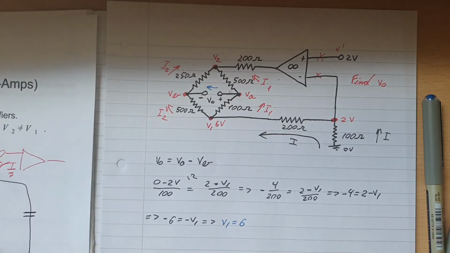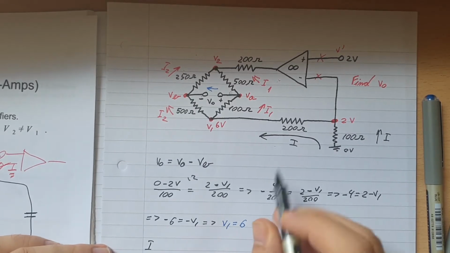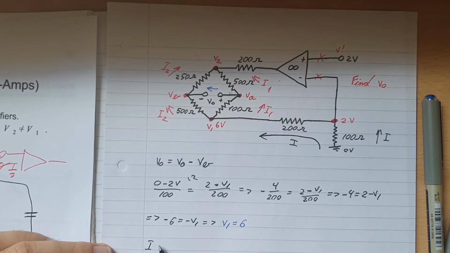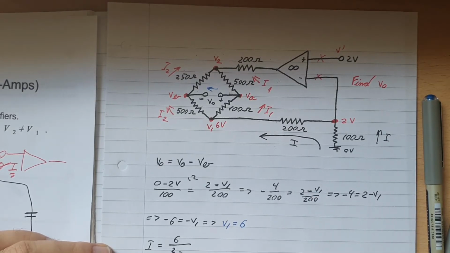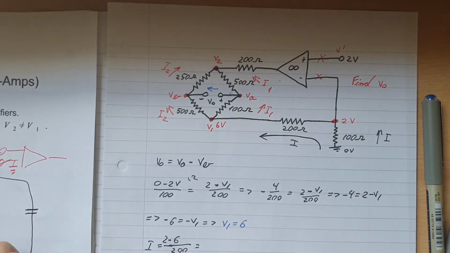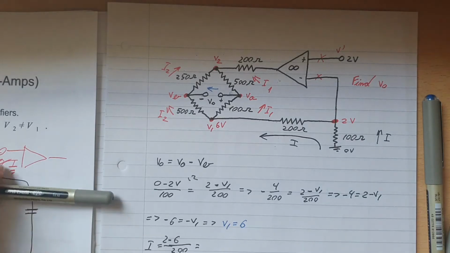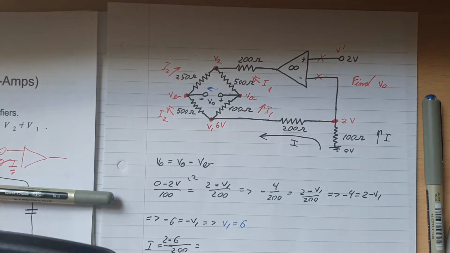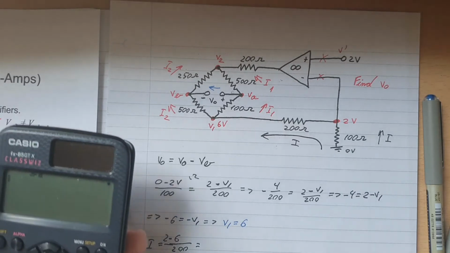So current I, this current here coming in, will be equal with the voltage 6 divided by the resistance 200. Oh no, wait, it will be equal with 2 minus 6 divided by 200, and that will be 4 over 200. Well, that should be 30 milliamps, shouldn't it? Let me check.